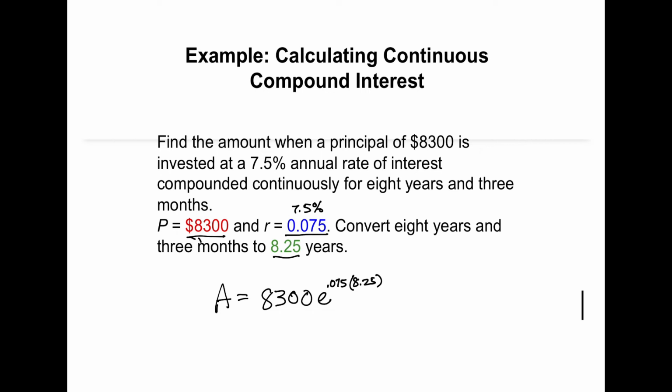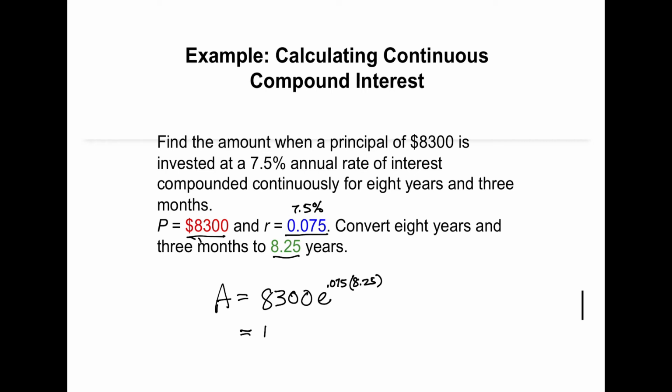Then I'm going to go times, and then I'm going to hit that e button. And I want to make sure I'm putting both of these in here, 0.075 times 8.25. You may need to put parentheses around that to show that, hey, this multiplication I'm doing is in the power.